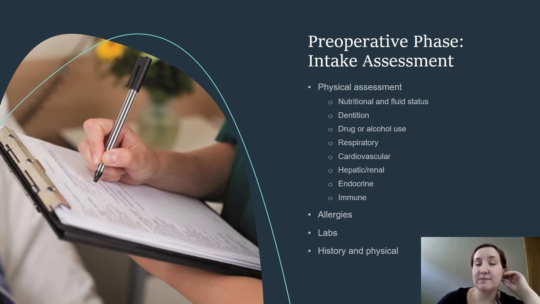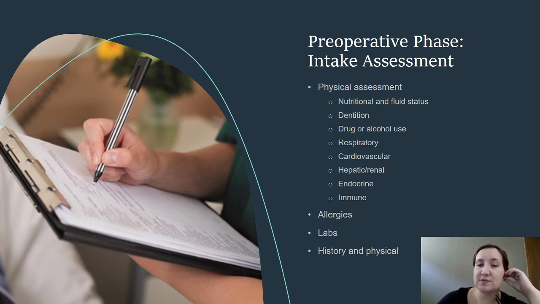Those can be dislodged during surgery, during intubation, and include the airway. Illicit drugs can potentiate or depress the effects of anesthesia, so if our patient is willing to disclose those, we definitely need to be asking that. And then obviously alcohol use is going to decrease our immune response as well, so something to be considering in the post-operative time period, and important to pass along.